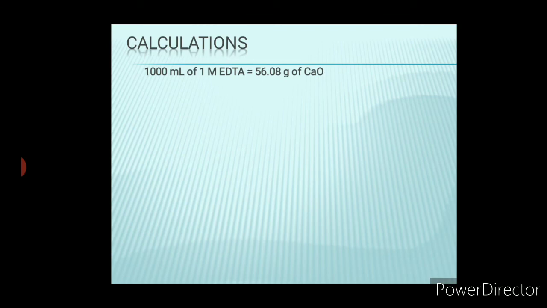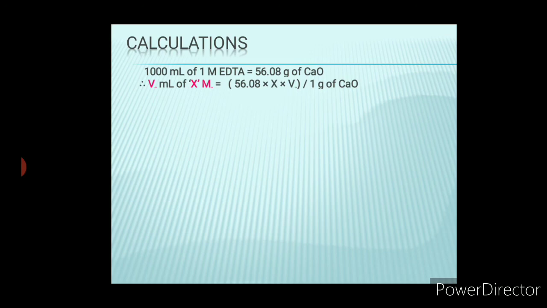Now how to do the calculation to get the percentage of calcium oxide. Let us see the calculations. 1000 ml of 1 M EDTA is equal to 56.08 gram of calcium oxide. Here 56.08 is the molecular mass of calcium oxide. So for V ml of X M EDTA it is equal to 56.08 into X into V divided by 1 gram of calcium oxide.